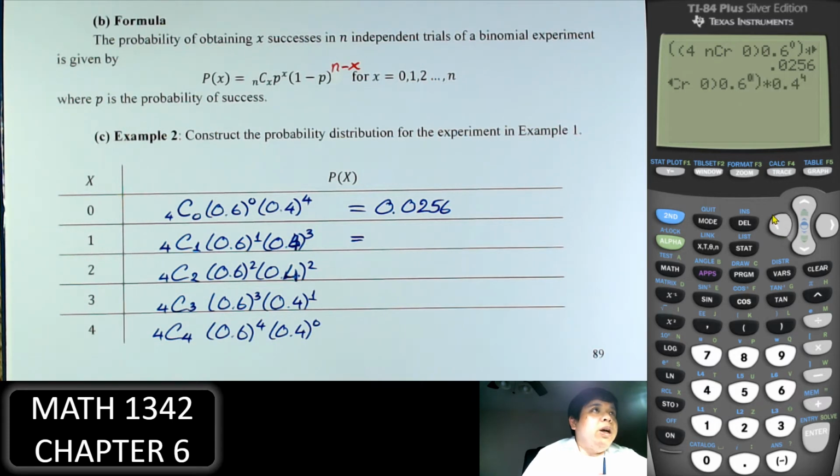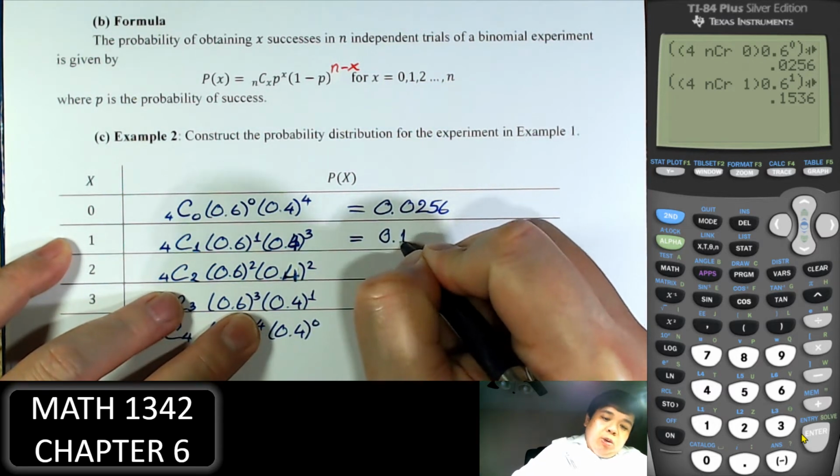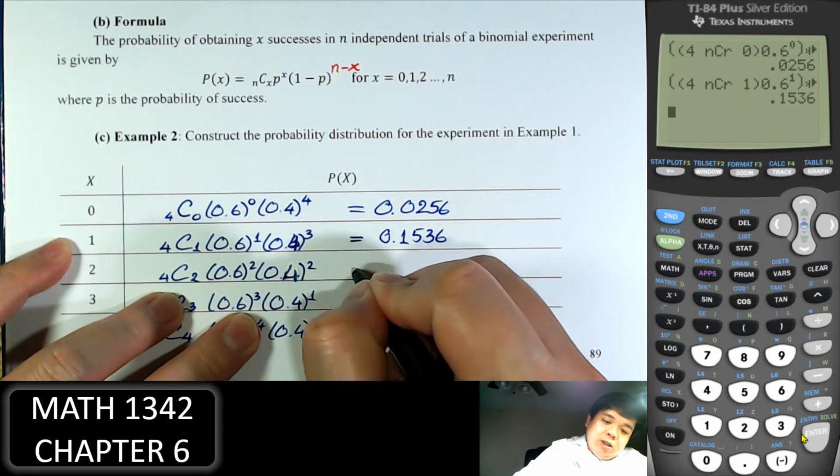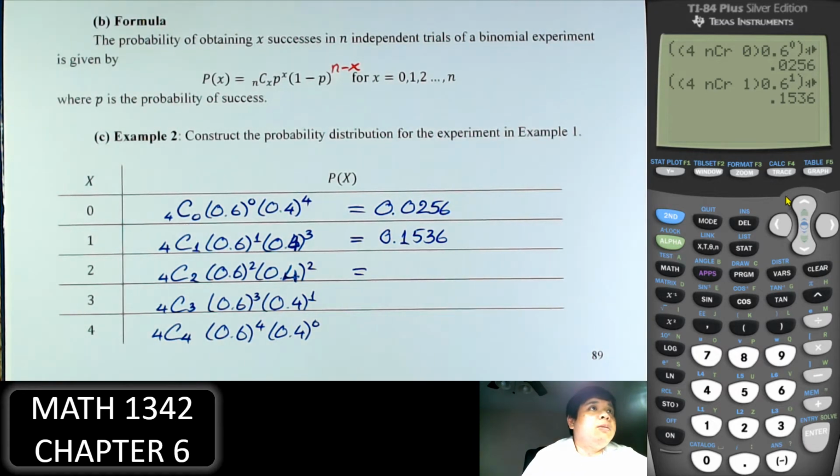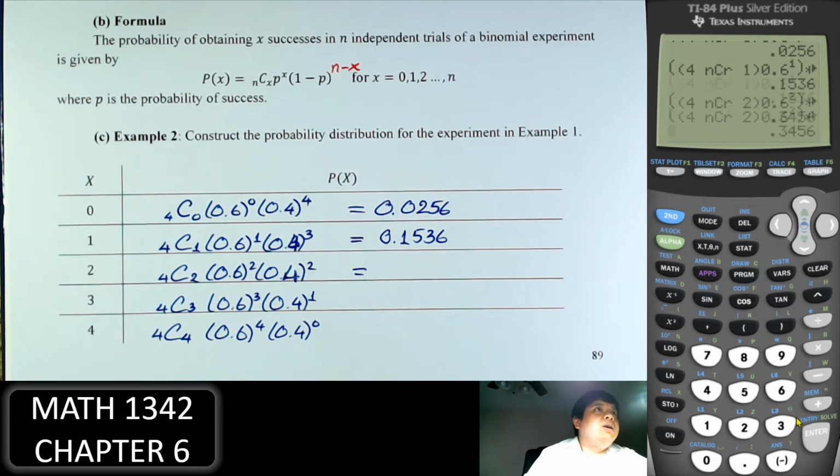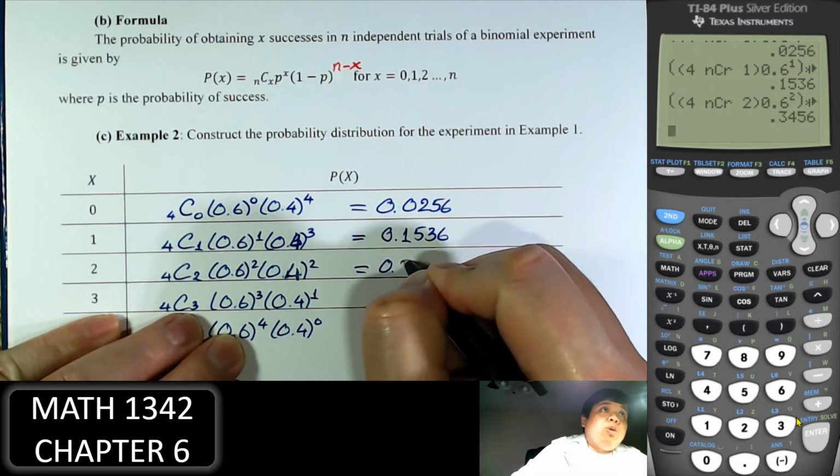Now, if we pick one head, this will be to the first power, and this will be cubed. So that's 0.1536. And now just copy and paste, turn this to 2, 0.3456.